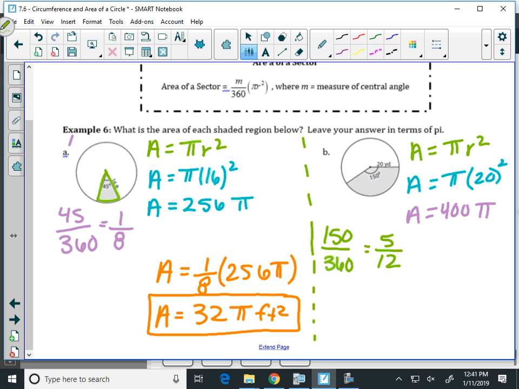So what do we have to do with our fraction and the area? Multiply them. So we're going to do 5/12 times 400 pi. Again, we're leaving it in terms of pi, so we're doing 5/12 times 400. What do we get when we do 5/12 times 400?